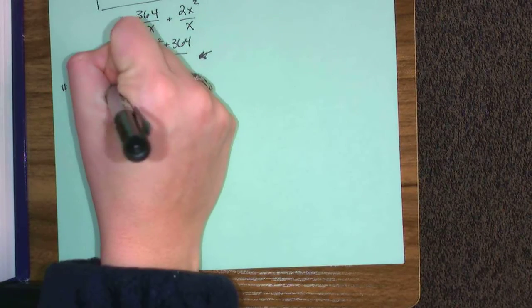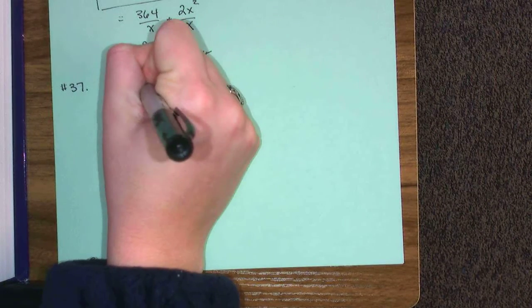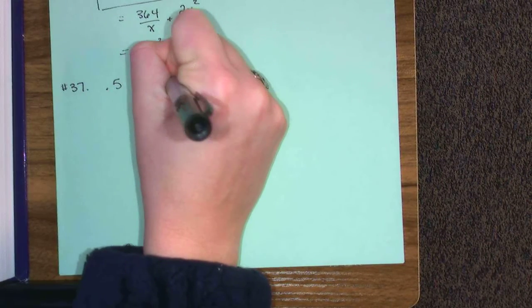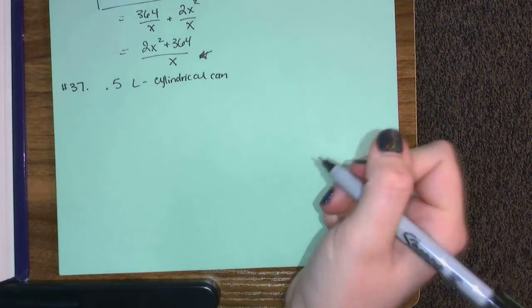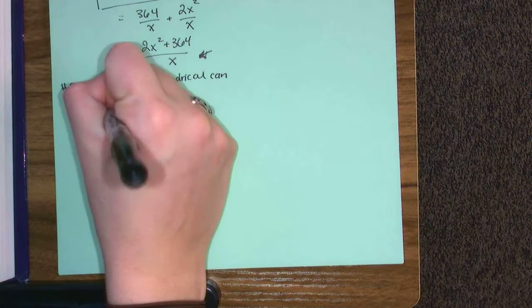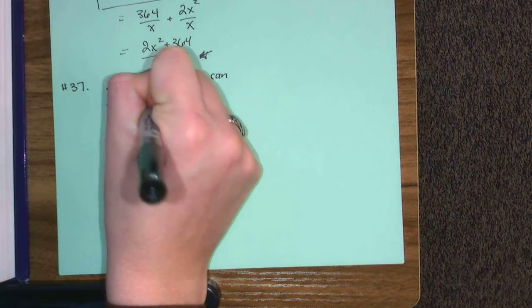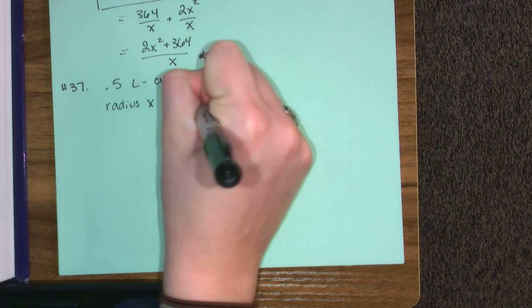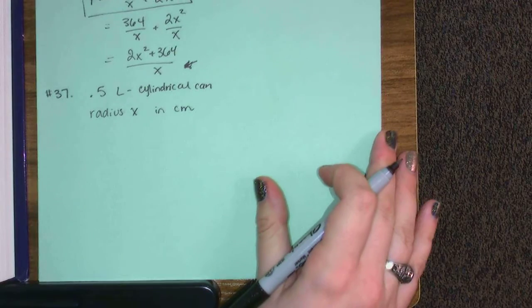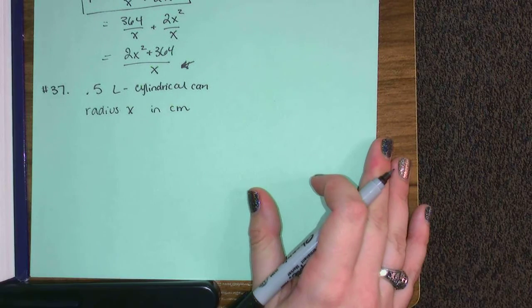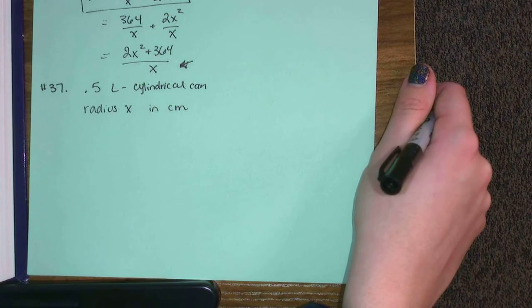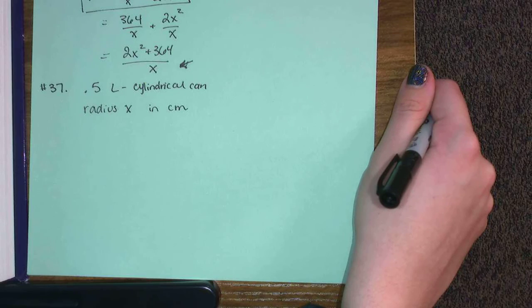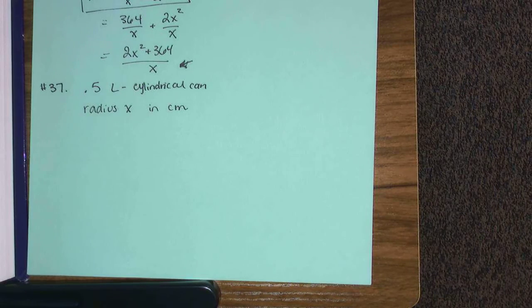First of all, what we're given is a 0.5 liter cylindrical can. We know that there's a radius of X, and that's in centimeters. Does anybody know how many cubic centimeters are in a liter?